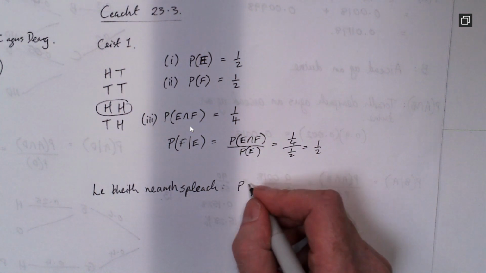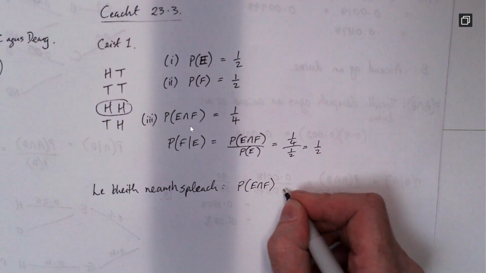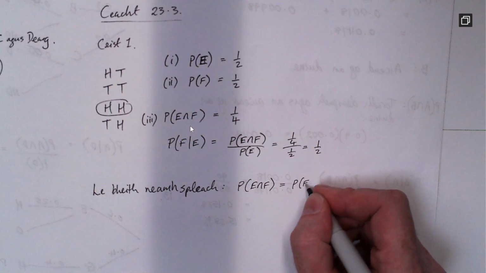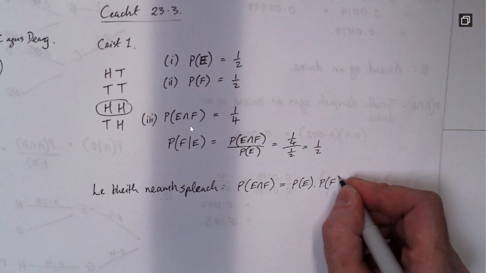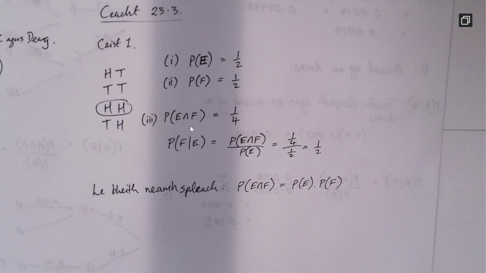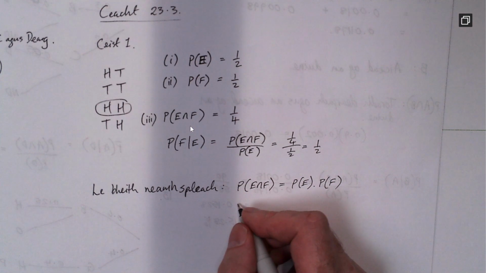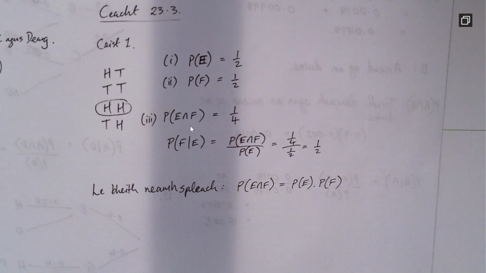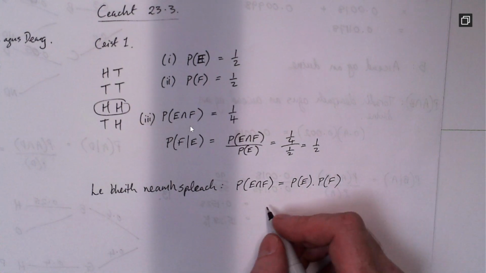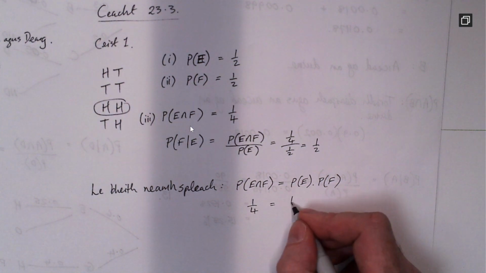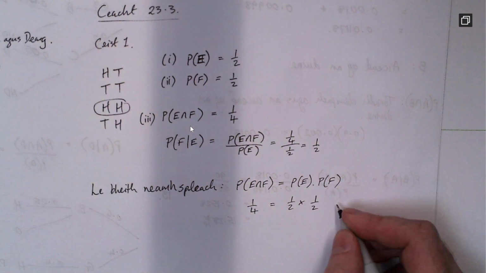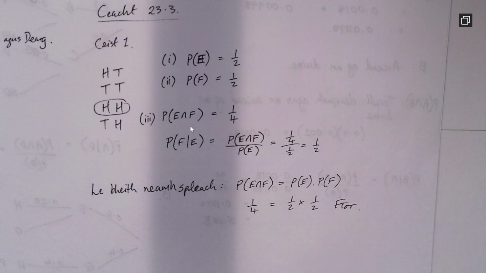The probability of E intersection F, if we multiply the probability of E by the probability of F.